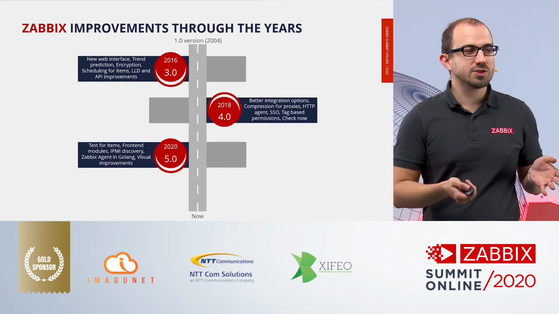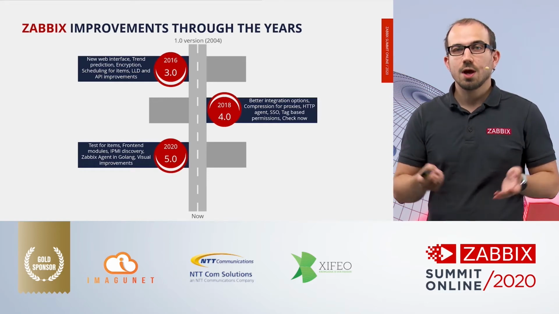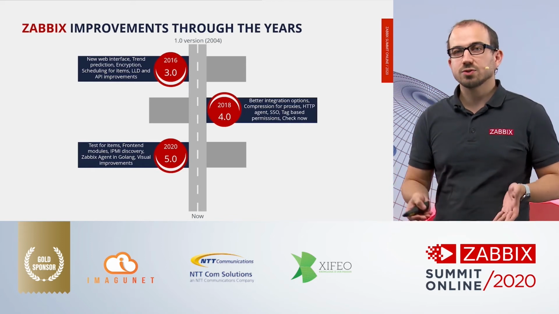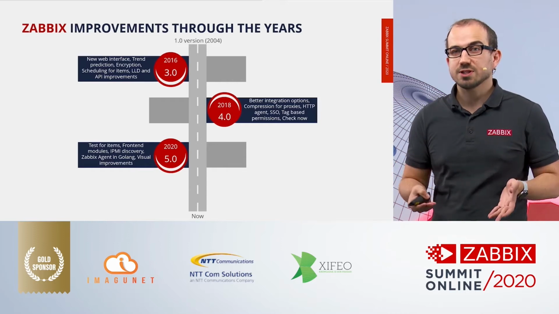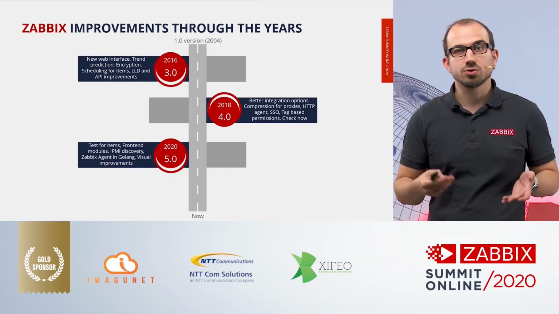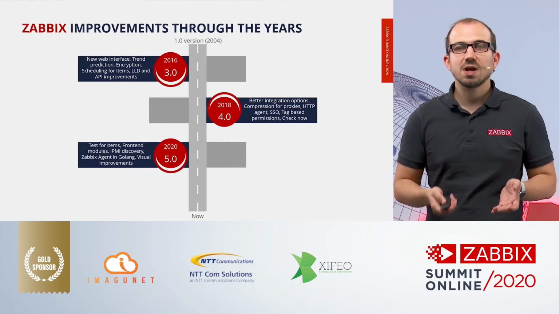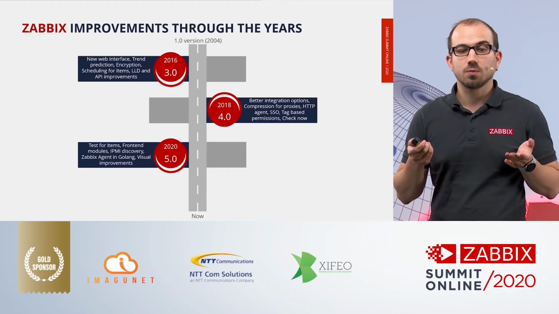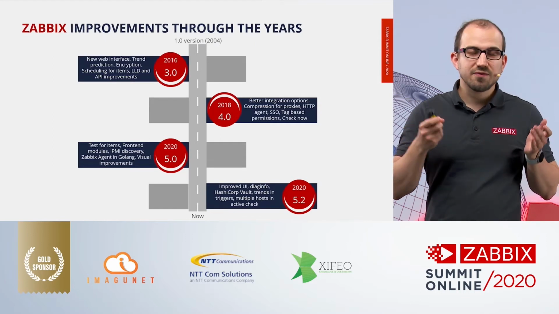Then, feels like just yesterday, 5.0 came out, allowing you to actually test the items. Again, front-end usability got improved even more. And we introduced a new Zabbix agent, so-called Zabbix Agent 2 or Zabbix Agent Go. And then, of course, the visual improvements that we are also going to see today. And 5.2.